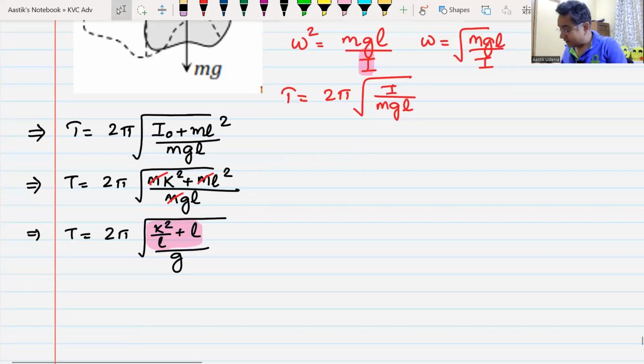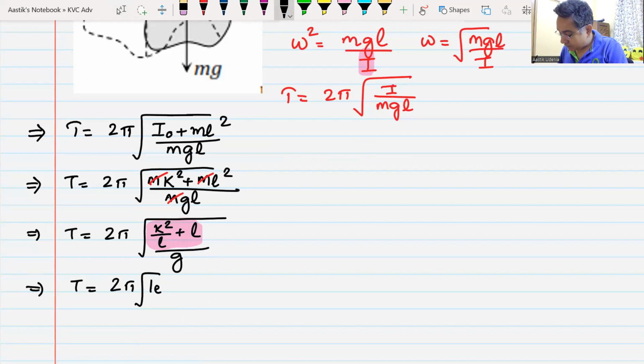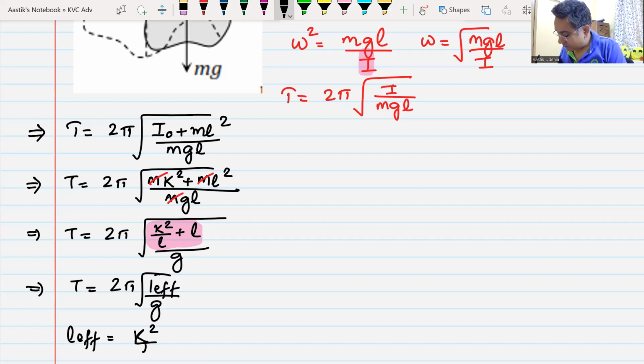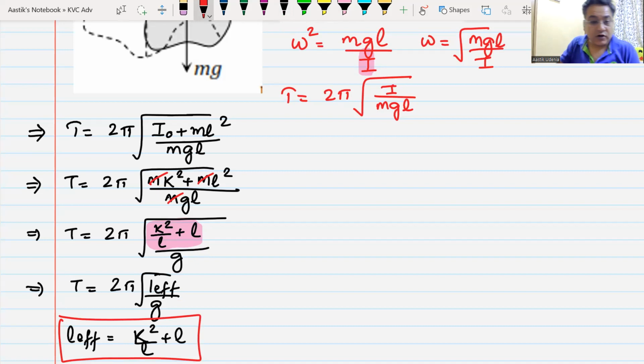Now, once I write it in this fashion, I can write it like this: T is equal to 2 pi root over L effective by G, where this L effective becomes the effective length of the physical pendulum if we take the physical pendulum as a simple pendulum. K square by L plus L becomes the effective length of the physical pendulum.